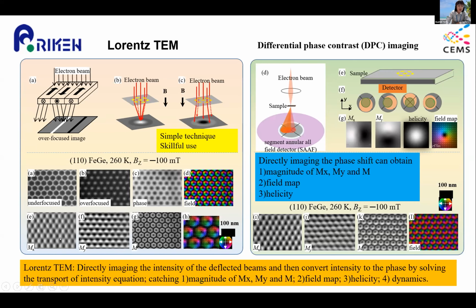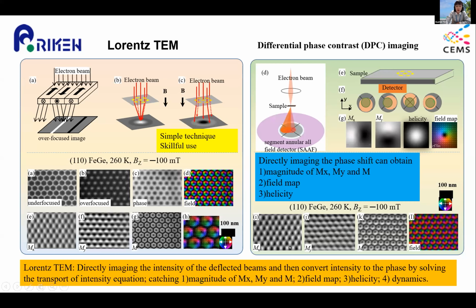And in addition, we can of course also calculate the mx, my, and amplitude of the field. Here I show a magnified magnetic field map for the skyrmion lattice. This color wheel indicates the direction and the magnitude of the in-plane field.